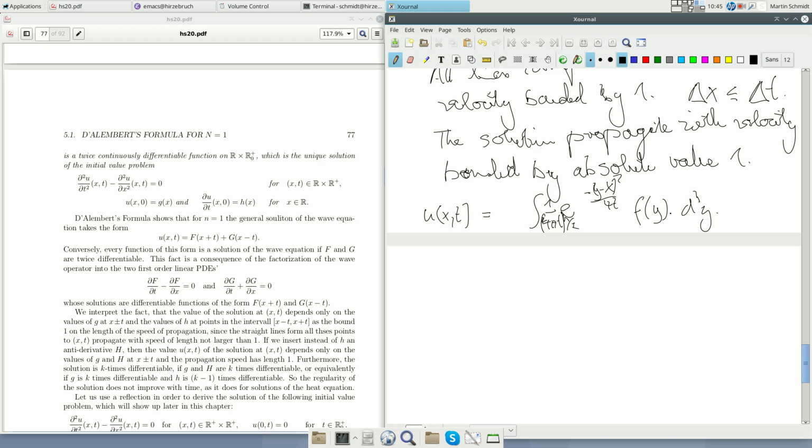So you see the difference between y and x can be arbitrarily large. Of course, the influence becomes smaller if it's very large. But here, for given t, the difference of x and y can become arbitrarily large.